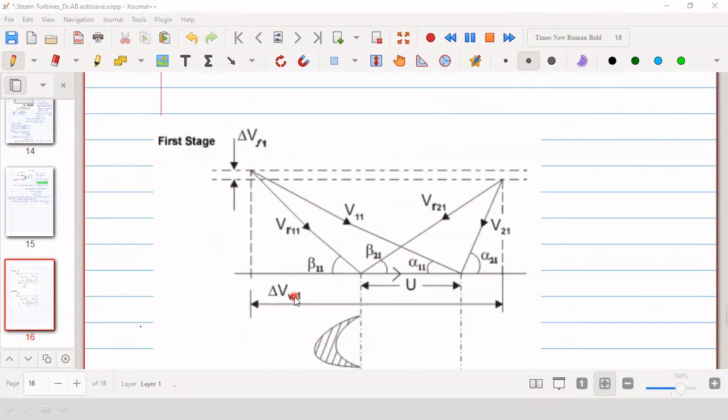Now, what is the velocity compounded impulse turbine? Basically, in the velocity compounded impulse turbine, there is only one pressure drop, and the velocity is changed twice. As we have seen, let me again show it.